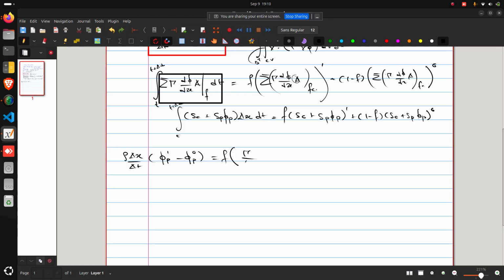So gamma by delta x, and we have phi east at time step 1, or phi p at time step 1, and minus gamma by delta x (phi p1 minus phi w1), right? And for this case it will be the same.